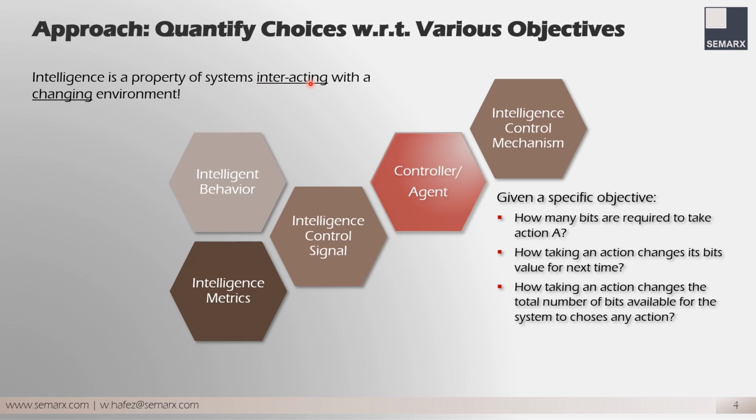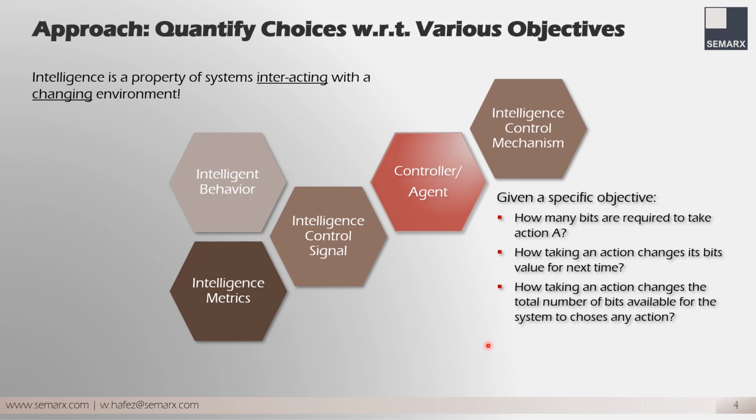The same if the system is interacting with its environment and nothing changes, it's also difficult to say. So we propose to measure the value in bits of an action, which will help identify the control mechanism and will help the agent to control the behavior.